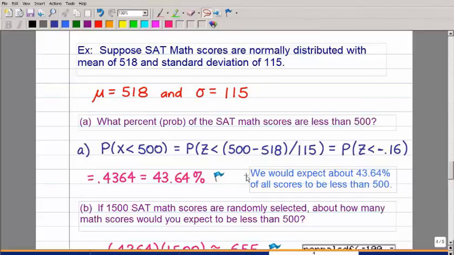Now, the next question is a new type of question. Interesting. If 1,500 SAT math scores were randomly selected, about how many of these scores would you expect to be less than 500? Now, early on in the course, we did some things with relative frequencies and percentages, and we did some problems involving pie charts broken down into their percentages. And let's say you were given a grand total.